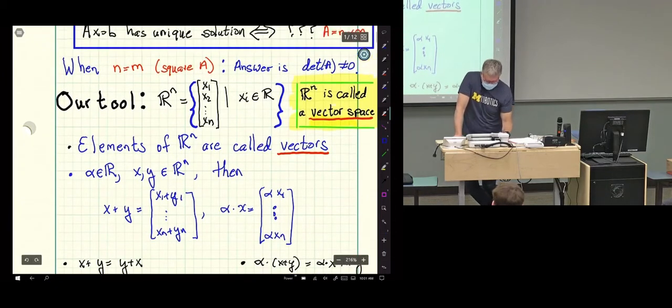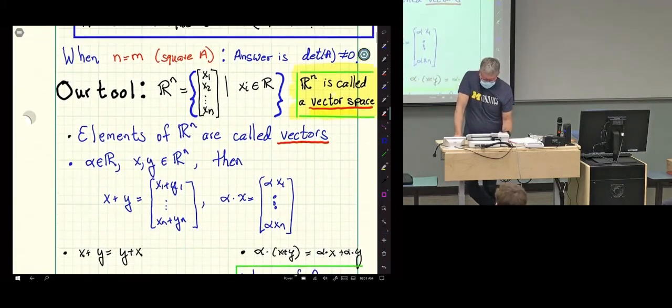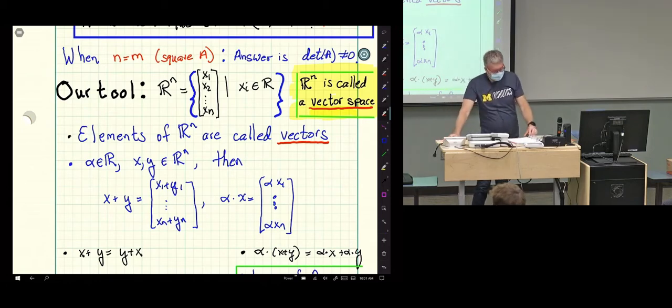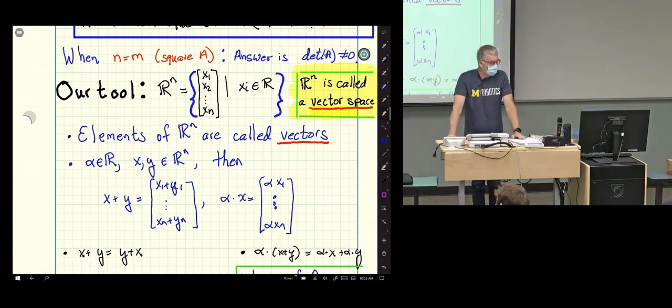Good morning. The tool we're going to use is to move into looking at collections of vectors. So instead of just looking at vectors as things that show up as columns of matrices or right-hand sides of Ax equals b, or as vectors of unknowns, we will look at the set of all column vectors of length n, and we will call that Rn.